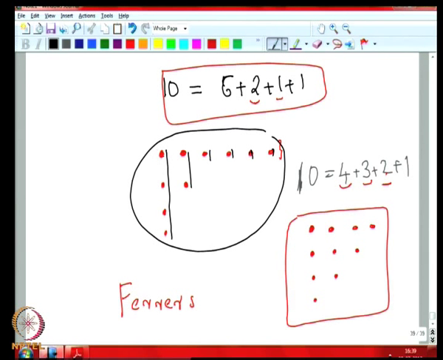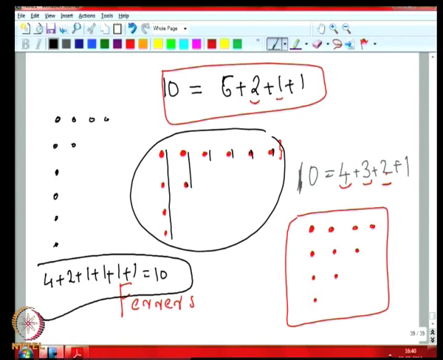If I rearrange it, it will look like 4 dots here, 2 dots here, this column will come here, and then the third column, and then fourth, fifth, sixth. So this is actually 4 plus 2 plus 1 plus 1 plus 1 plus 1 equal to 10. It's a different partition of 10, right. This is the conjugate of this partition.